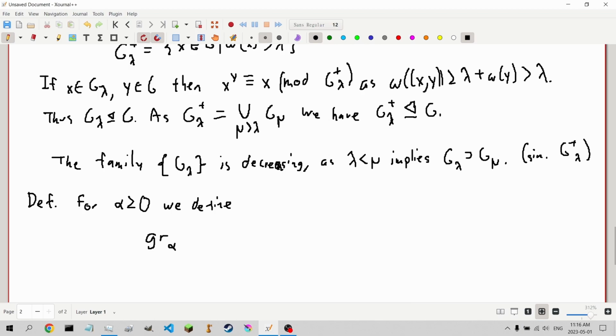GR alpha of G to be G alpha over G positive alpha. And GR of G to be the sum of all of these possible GRs.